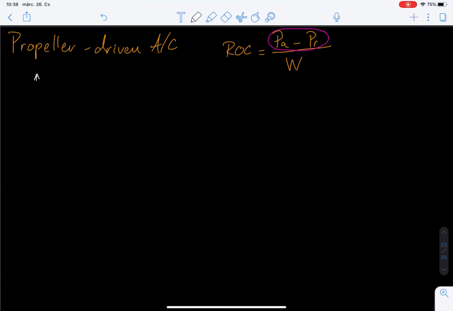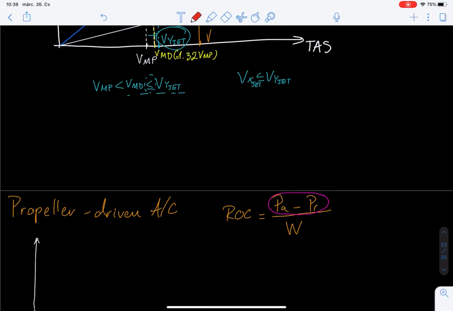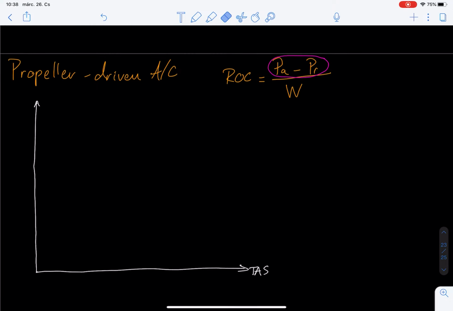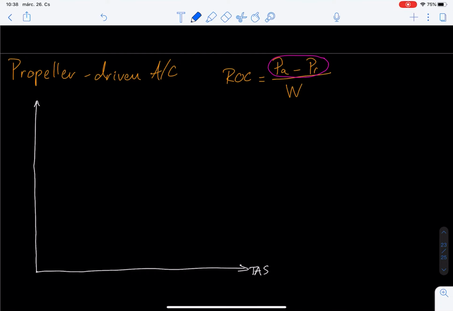So let's just plot the power available and the power required curves for the propeller-driven aircraft. And this is why we mentioned initially that it's very important to understand and remember the shapes of these curves, because it's going to be used very, very frequently here. And I would strongly advise, if you are not so familiar at this stage with it, to go back and review them until you have a fairly high comfort level with them.